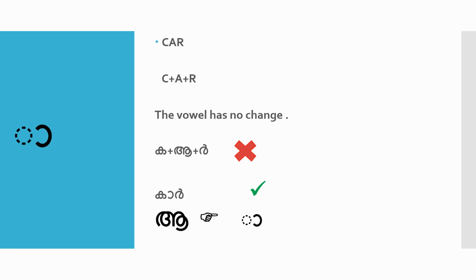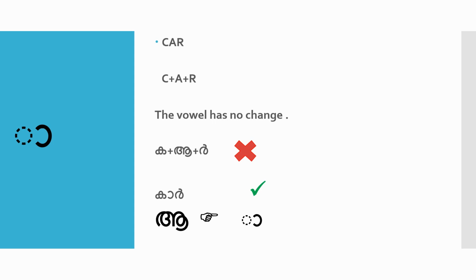You can see this in most of the Indian languages. I don't know all the Indian languages, but I know Hindi. In Hindi also you have this kind of change when a consonant and a vowel come together. In this video we are going to learn about this particular diacritic.